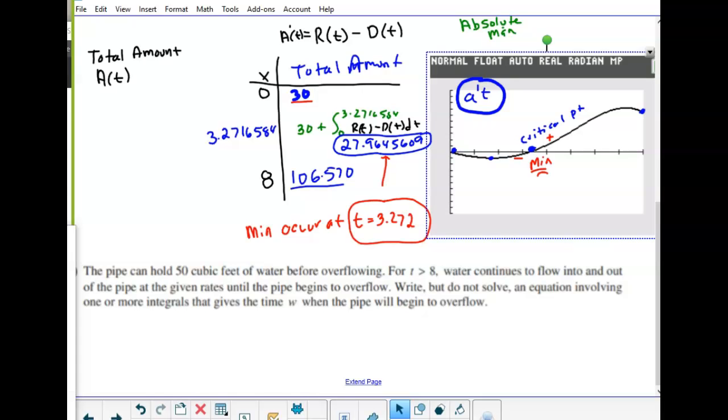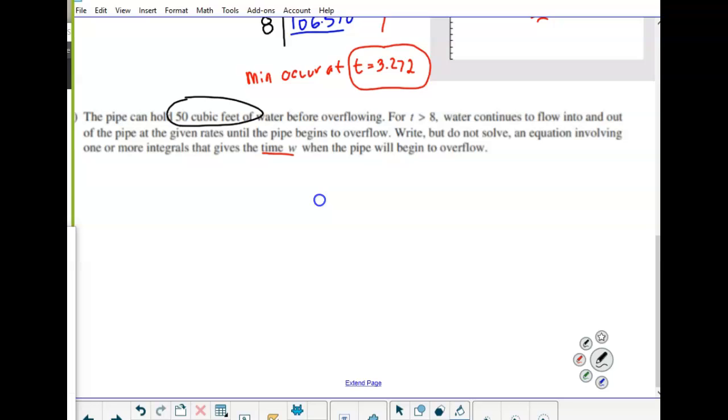And the last one is probably a 30-second problem. All right, so this last one, we have 50 total cubic feet of water before it overflows. And that's for any time we are larger than 8. Well, we have to remember we have 30 total gallons or cubic feet at the start.